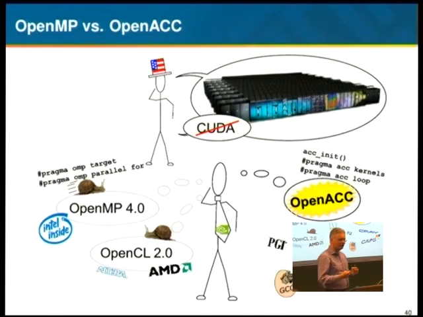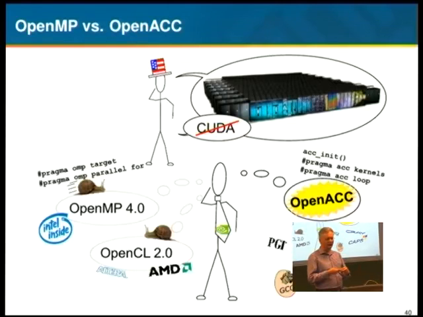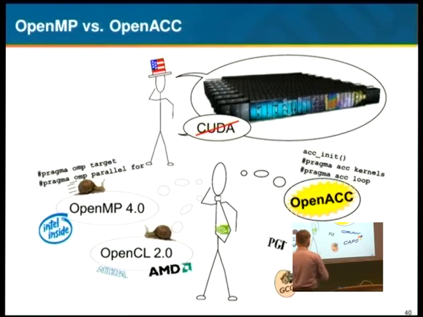Realizing there were two other standards already, OpenCL, started by Apple, mostly active by Altera and AMD at the time. AMD is a good competitor of NVIDIA, so let's not. They are part of OpenCL, but no, let's not try to get everything in there and bank our future on it. Same for OpenMP. OpenMP 4 was already in the making. People were thinking about putting offloading in there.